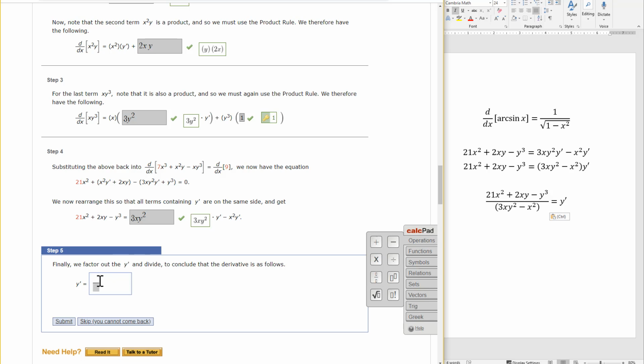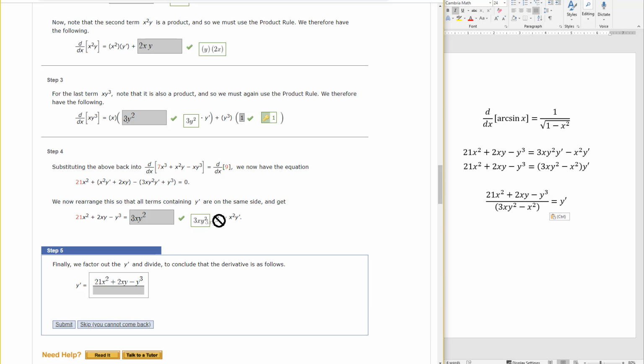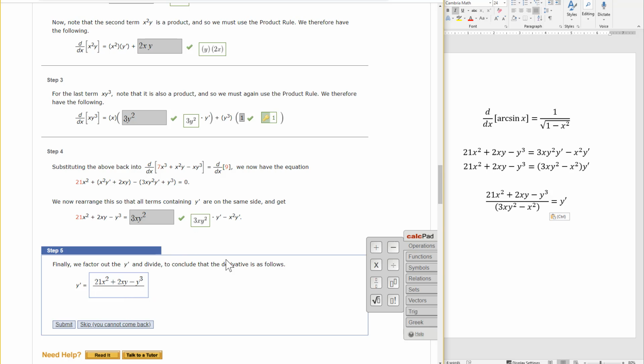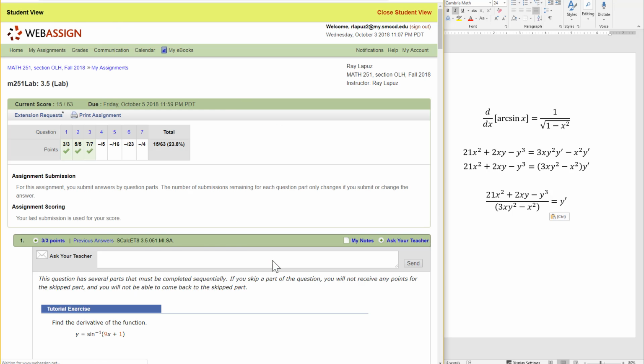Let's set up our fraction first, and then put our expression 21x squared plus 2xy minus y to the third power, divided by this factor that we got on the left-hand side with a y prime. So that's 3xy squared minus x squared. Okay, so that should be it.